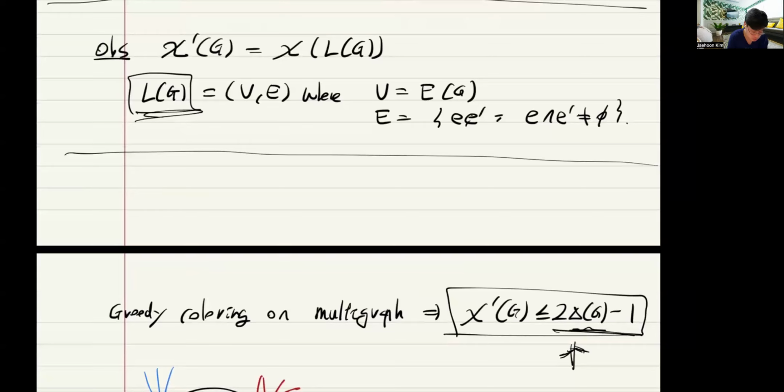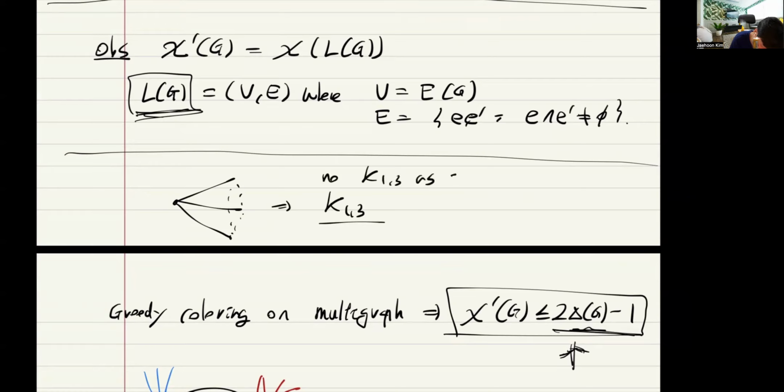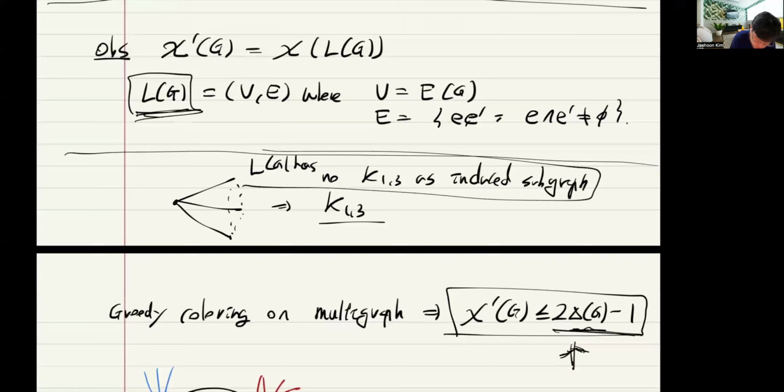For example, one special property is that it doesn't contain K_{1,3} as an induced subgraph. So L(G) has no such structure.